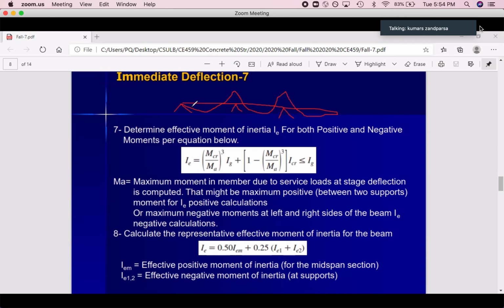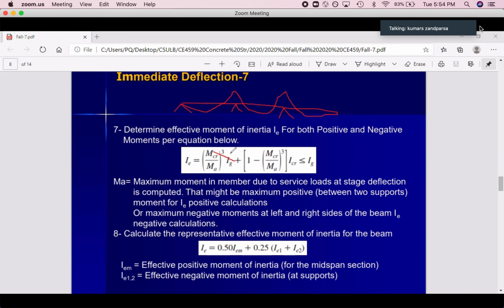See, in this span, negative moment, 0, positive moment, negative moment. I have 1 positive moment, 1 negative moment. For this case, I have 1 negative, 1 positive, 1 negative. This is the most common case that you might see in the future in real structure. We have a frame. For a frame, you have 2 negative moments, 1 positive. So you have to calculate 2 M crack negative, 1 M crack positive.